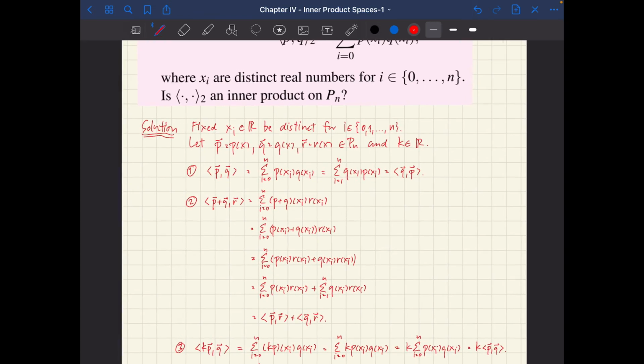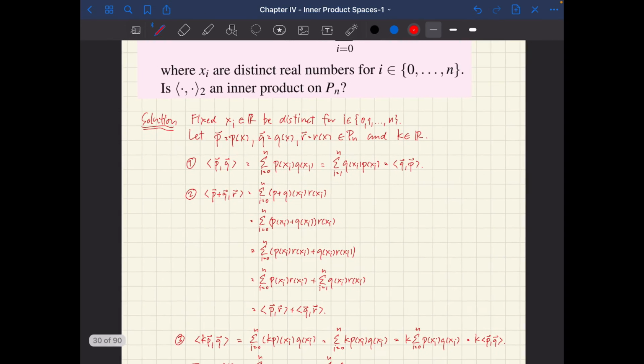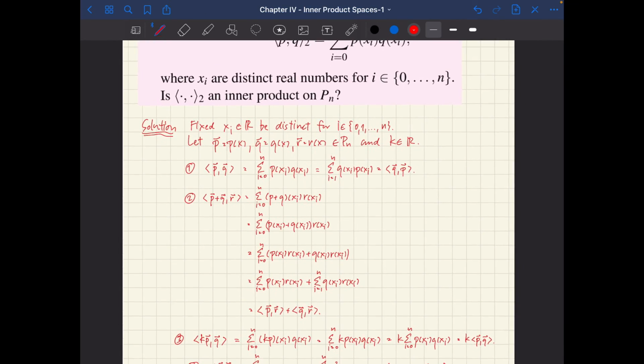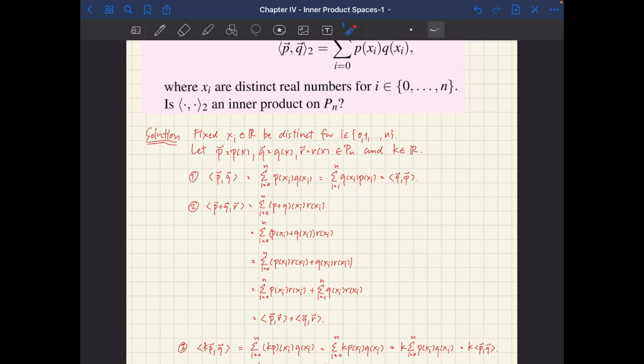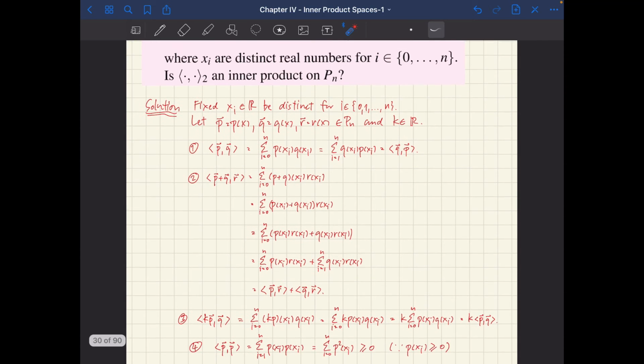Why? For properties number 1, 2, and 3, I think it's quite easy because we use only the properties of algebra, the properties of the sum. It's not hard, so I will not talk about it. I will focus on number 4.